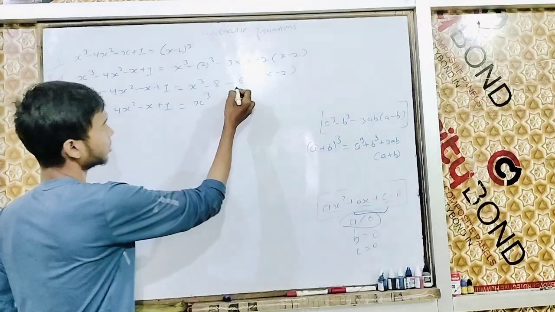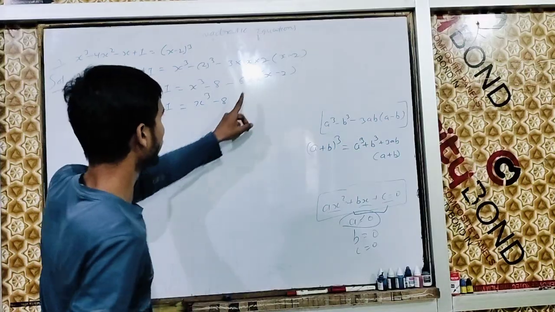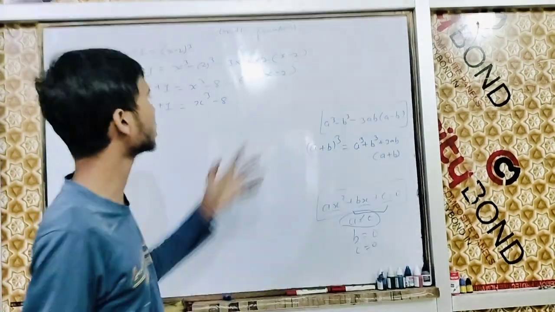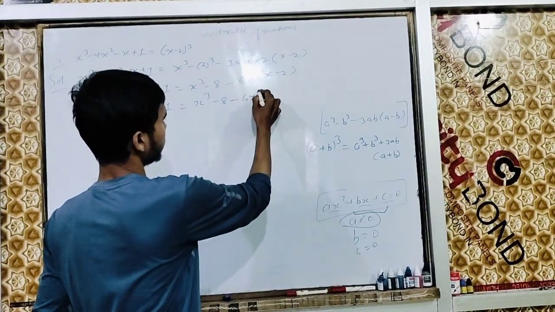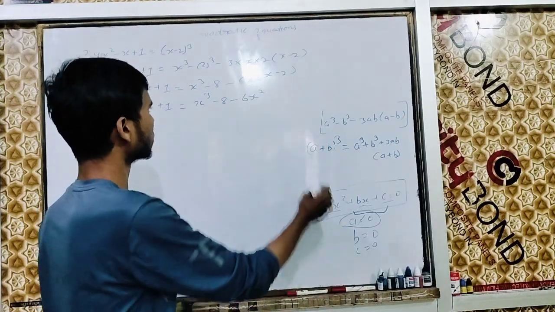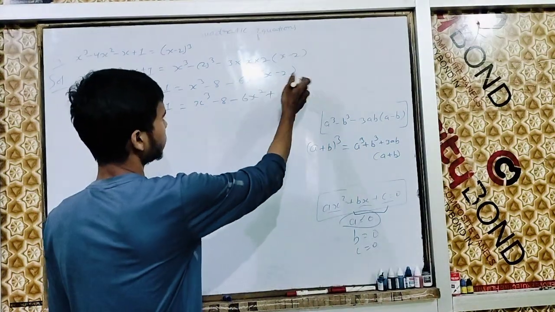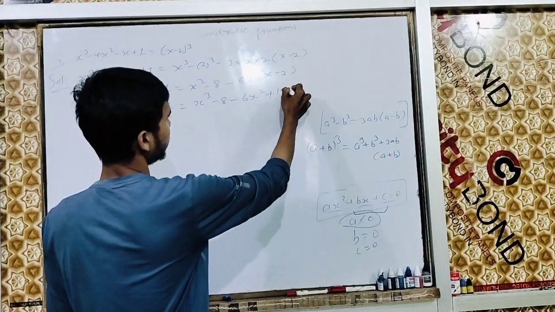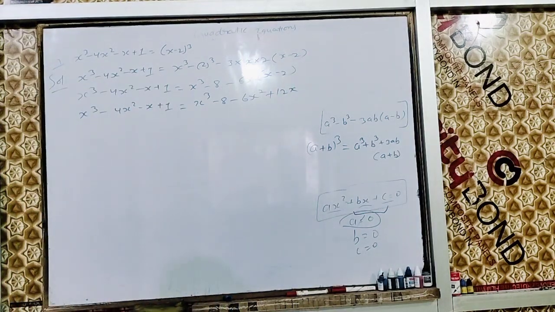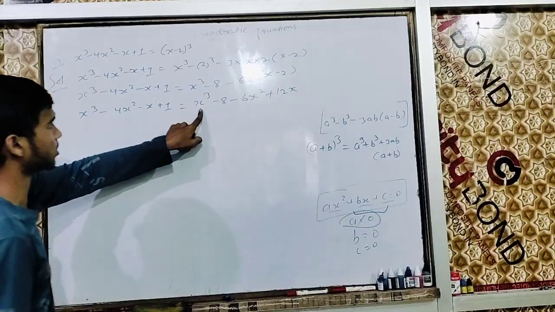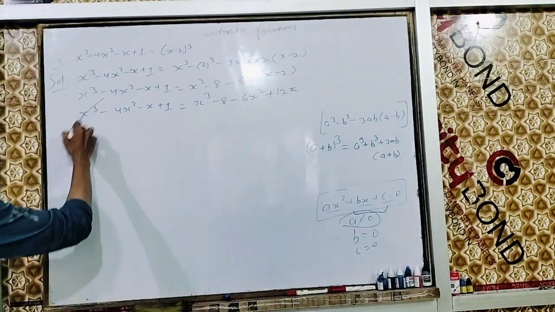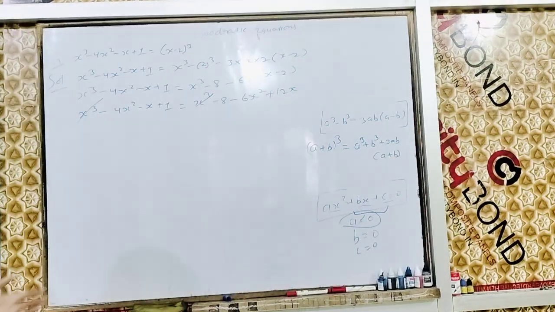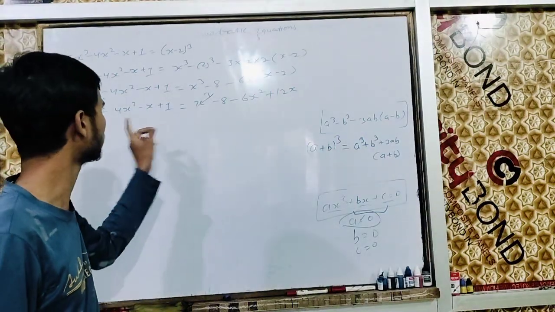Here, look at here, minus 8. When we multiply this with this, it will become minus 6x square. Here minus times minus is positive, as you know, and here this is 12x, and then x as it is. Look at this carefully. What is happening over here? It is cancelling this because both are like terms. But not this. Both are not cancelling.